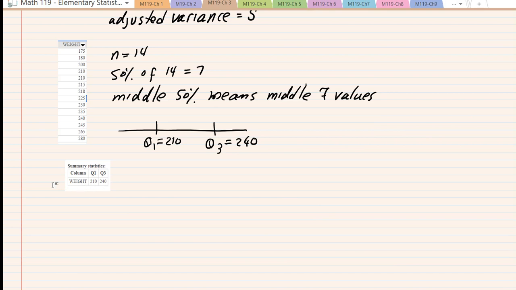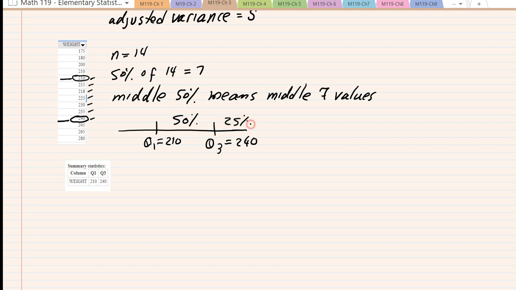So these quartiles are 240 and 210. Now, if you count the number of scores, including these two and between them, there should be 7 scores. 1, 2, 3, 4, 5, 6, and 7. You see that? So that's the middle 50% here in the 30-point range.